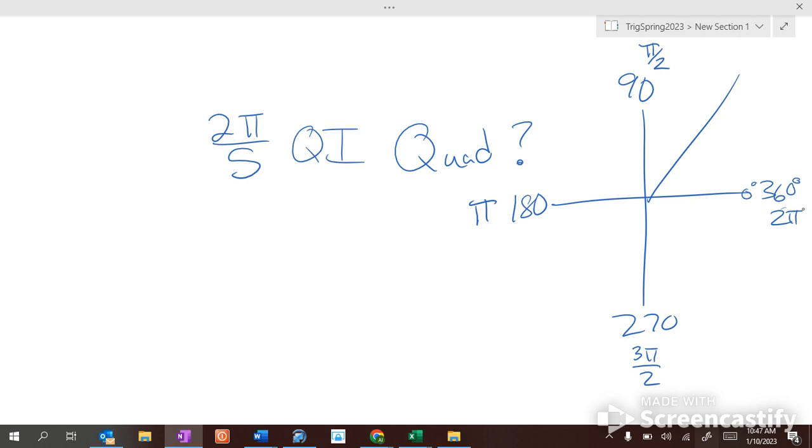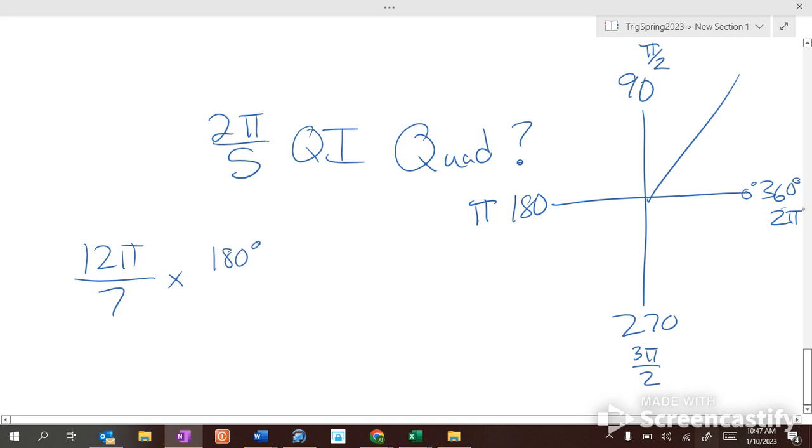How about 12 pi over 7? Frankly, I know what quadrant it's in, but you might not know off the top of your head. What I would suggest when you get to these problems, it's tough to know where they are in terms of pi and fractions, but it's easy to know where they are in terms of degrees.